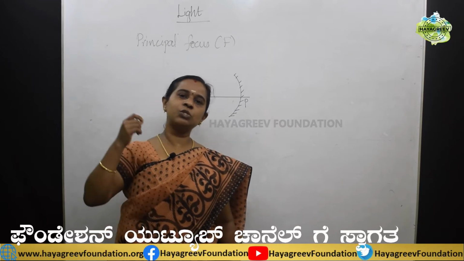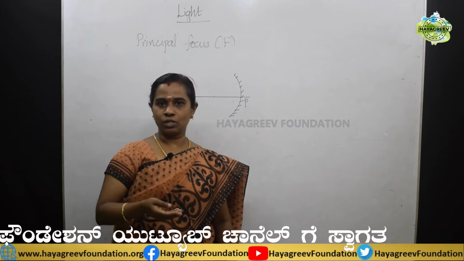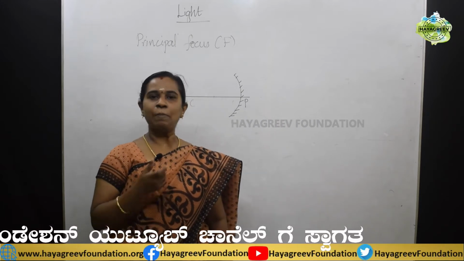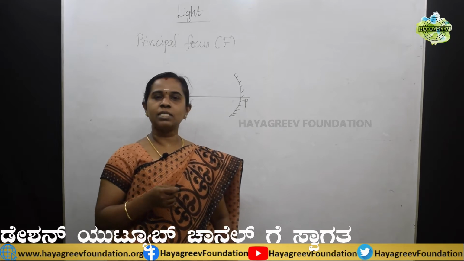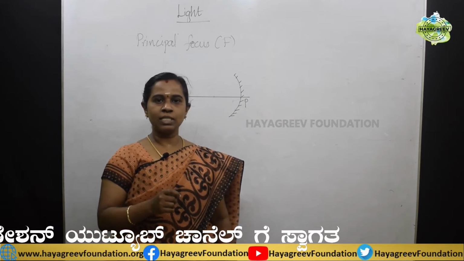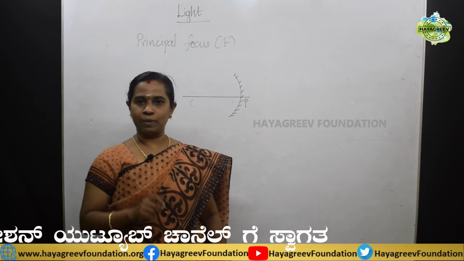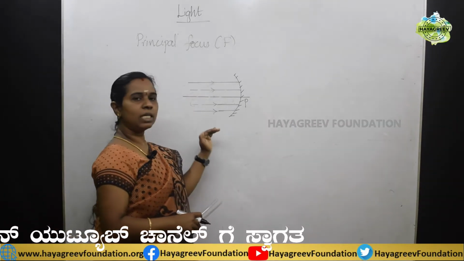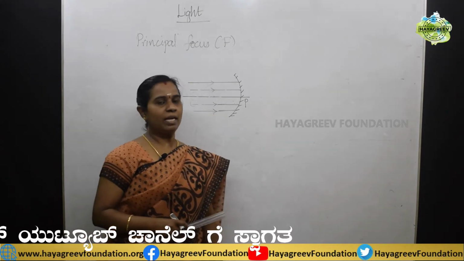Infinity means the object is too far from us, like stars or the sun, so the rays coming towards us are parallel. Parallel rays are rays passing parallel to the principal axis.